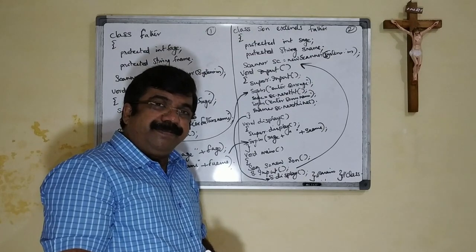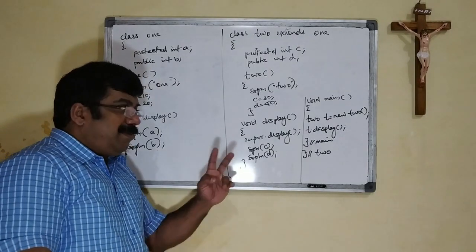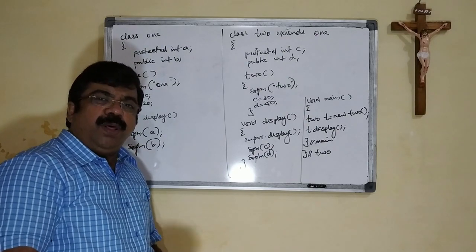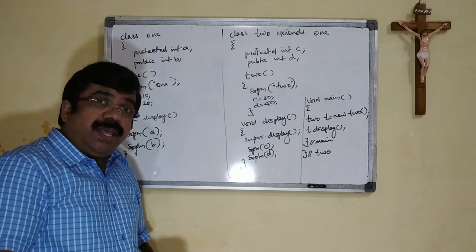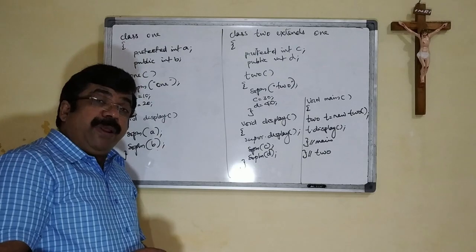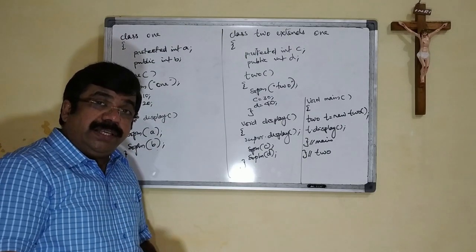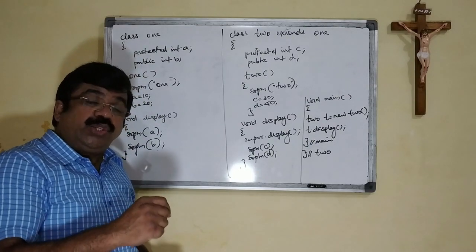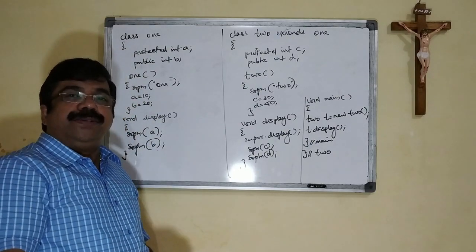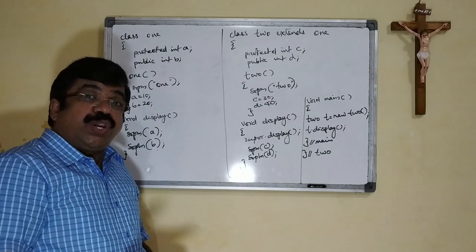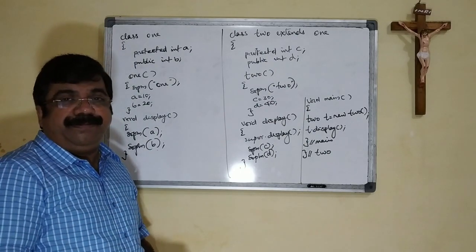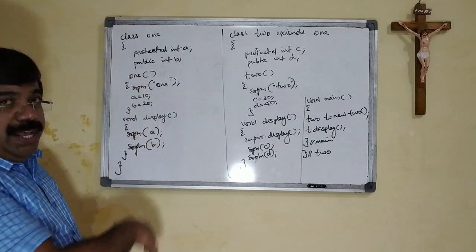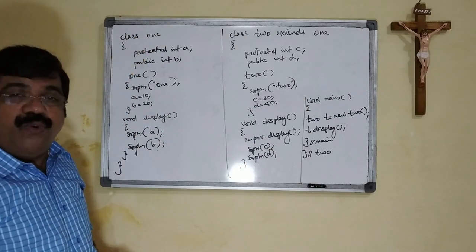Okay, here I am with another example. In this one, I would like to show what will happen when we have constructors in the base class as well as the derived class. Which constructor will be executed first? The base class is there. Its name is 1.